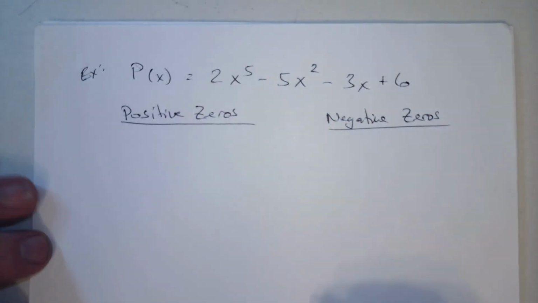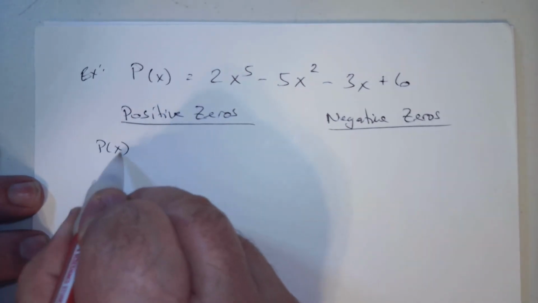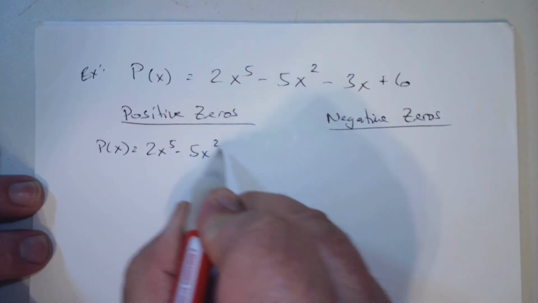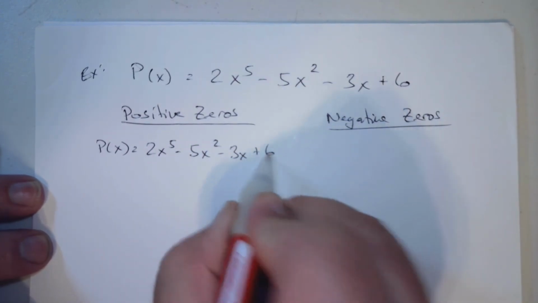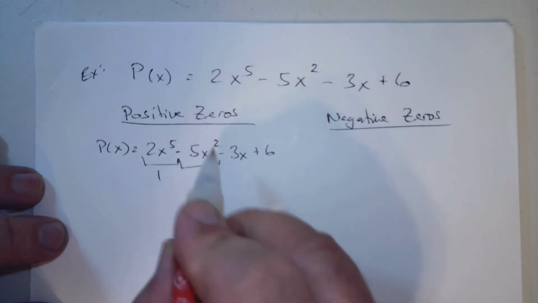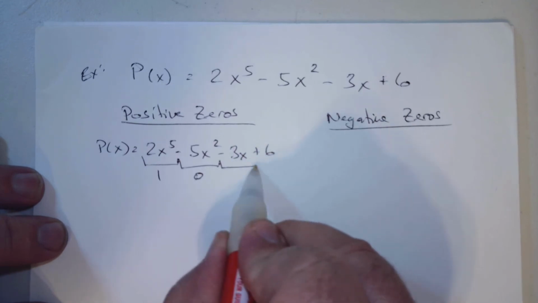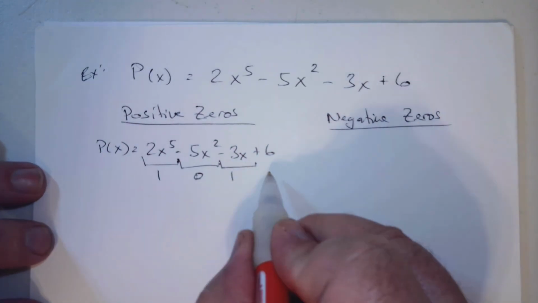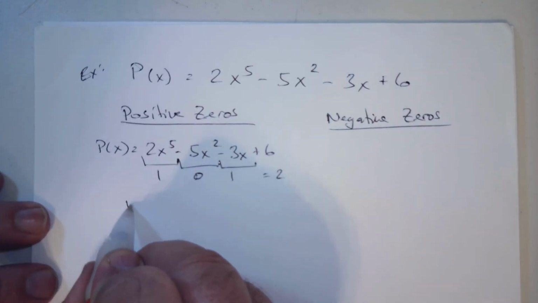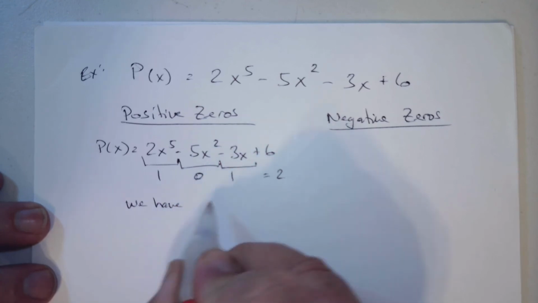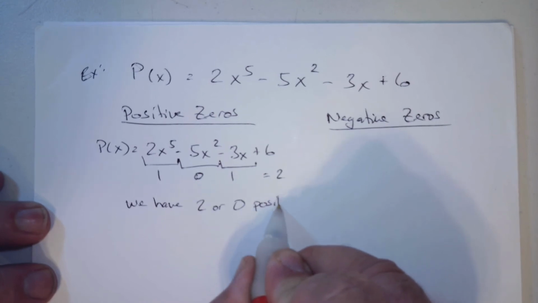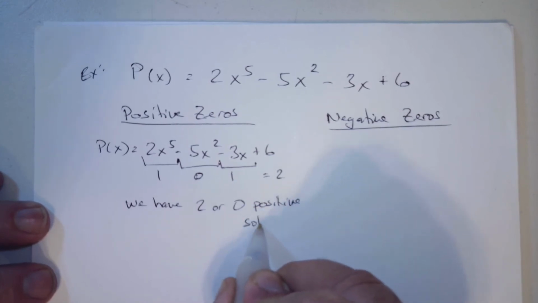Let's look at the number of positive or negative zeros. So for the positive zeros, we take the original function. Positive to negative, that's one change. Negative to negative, that's not a change. Negative to positive, that's one change. So add those, I get 2 changes. So we have 2 or 0 positive solutions.